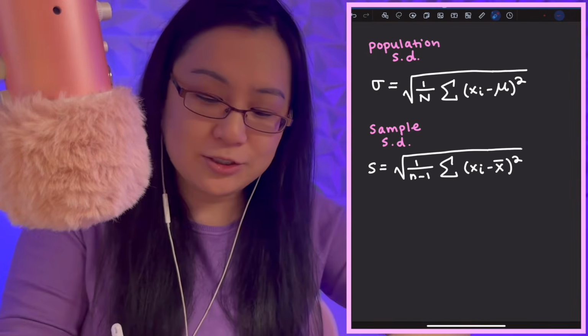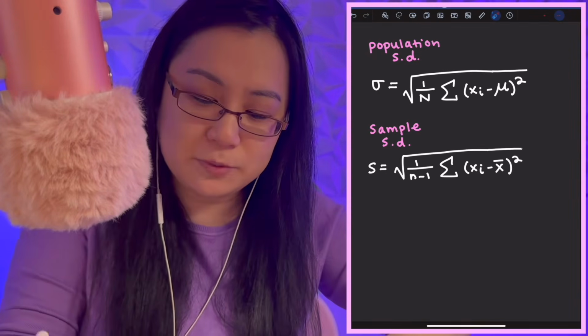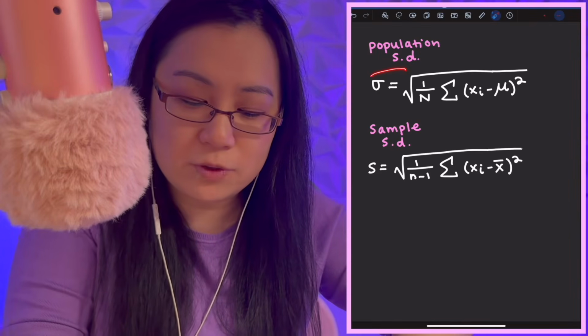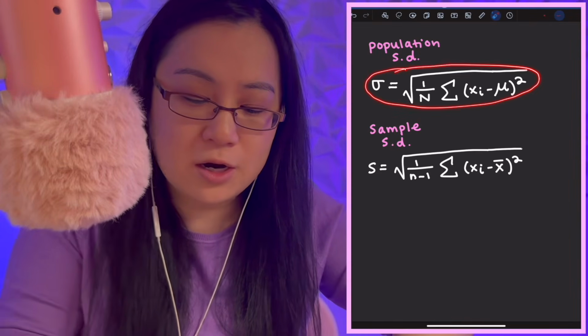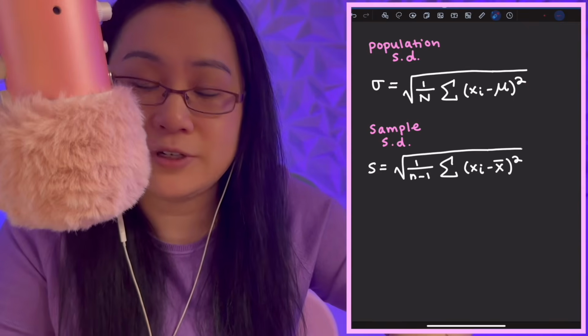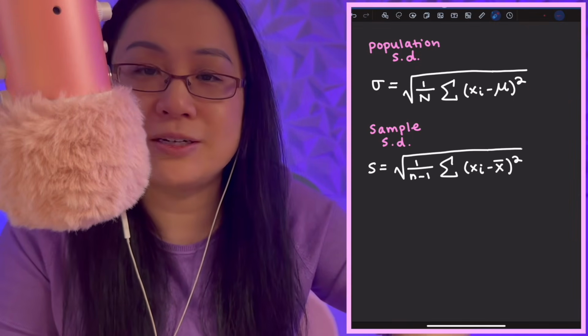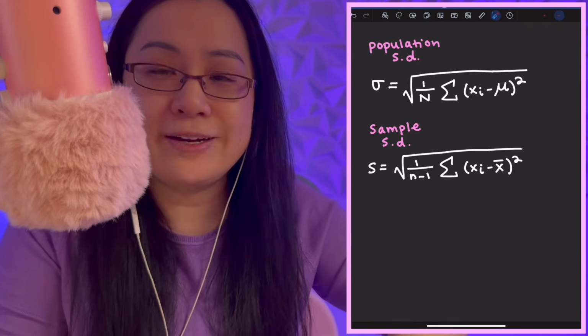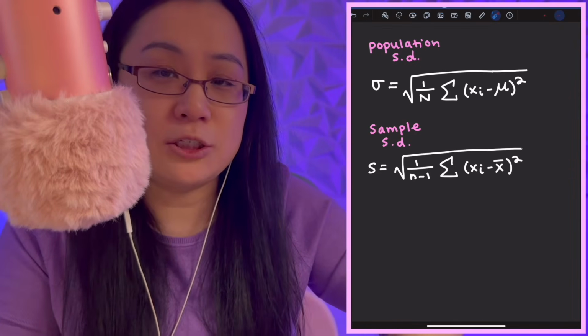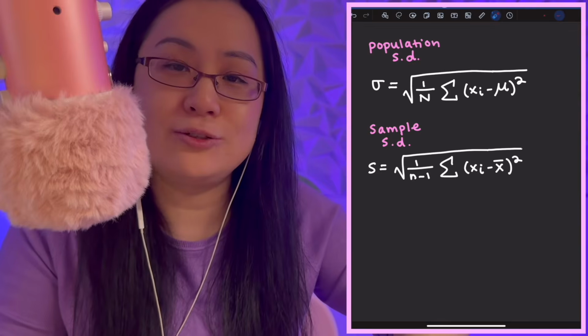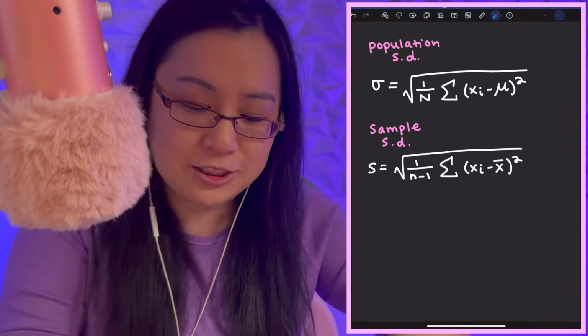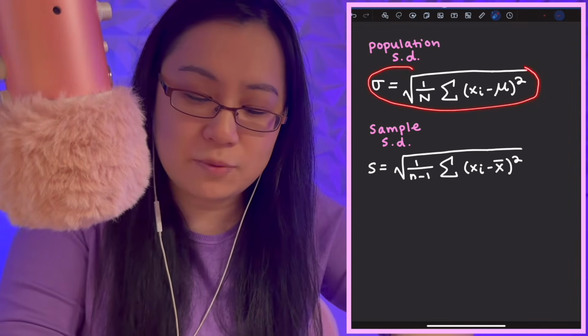First of all, the difference between these two. This first formula applies for population standard deviation. So if your numerical, quantitative data covers an entire population, so if somehow you managed to collect data for a full population, you would use this formula.